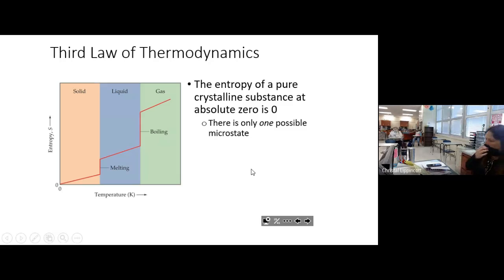But at any rate, the entropy of these pure crystalline substances at absolute zero is zero, and there's only one possible microstate at that point. But as we increase the temperature, then those microstates increase and increase even more, and then increase even more.